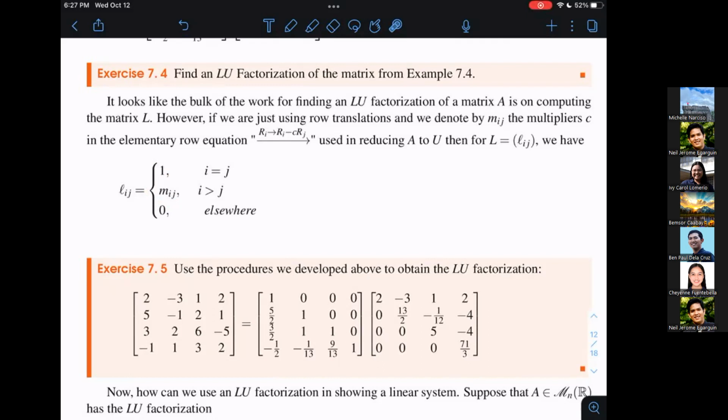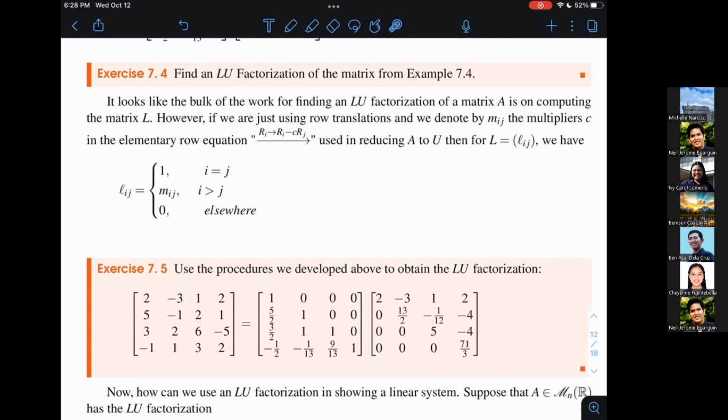Okay? So ibig sabihin pala, kailangan ko na lang i-track down kung ano yung mga constants na kailangan kong gamitin sa row translation. Okay? Tapos, kung ano man sila, gagawin ko na lang ay ipoposition siya doon sa matrix L. Pero medyo may problema pa rin itong method na to kasi wala tayong shortcut para dun sa matrix U. And then sort of you also need to keep track of everything, all of these coefficients.